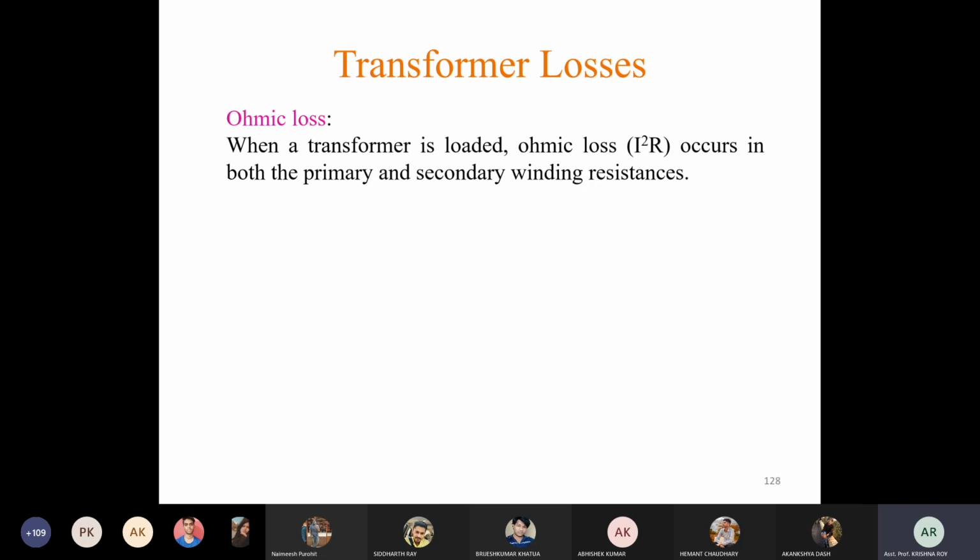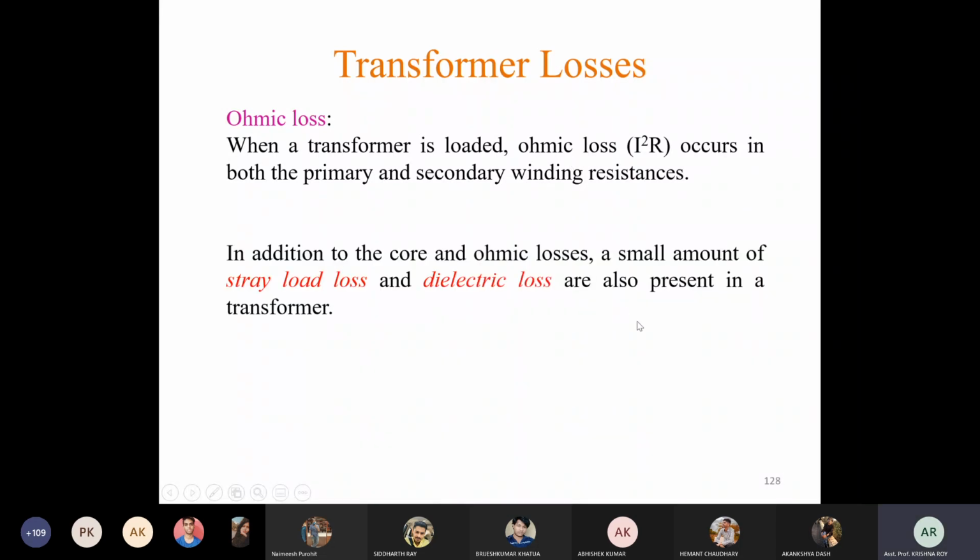But in the primary winding, at no load condition, there will be some exciting current, though its value is very small, so there will be a very small amount of copper loss in the primary winding resistance. When the transformer is loaded, there will be ohmic loss for both the load component of current as well as the exciting current. So there will be ohmic loss in both the windings of the transformer.